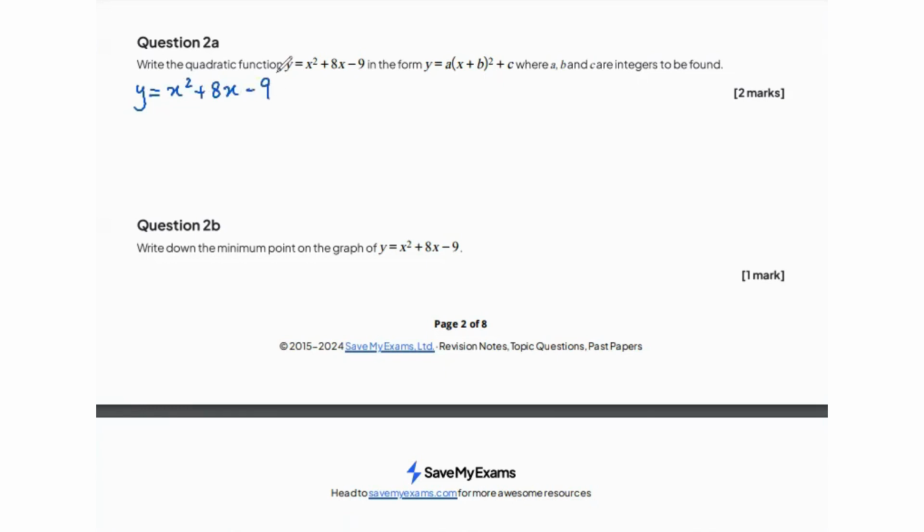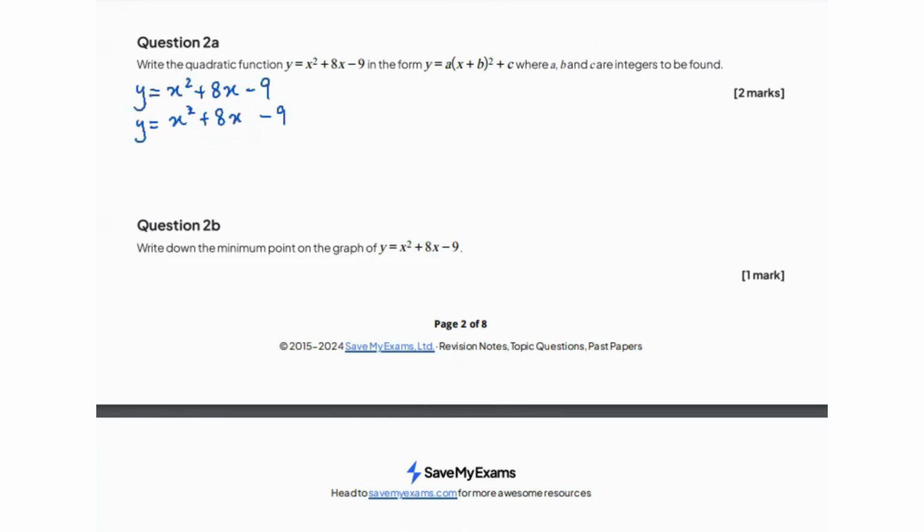We're going to use the completing the square method to convert this. For that, we write x squared plus 8x together, and I'm going to separate the negative 9.